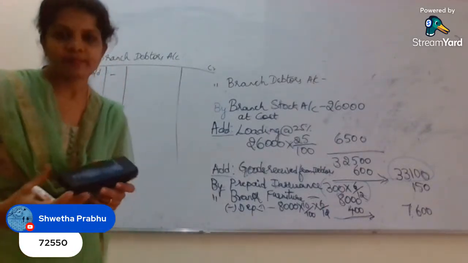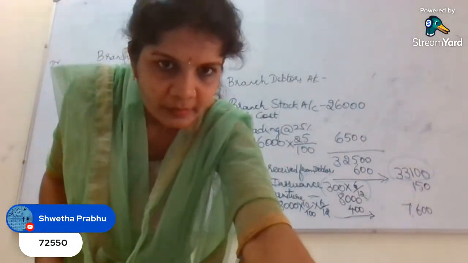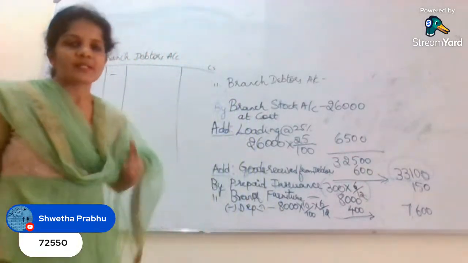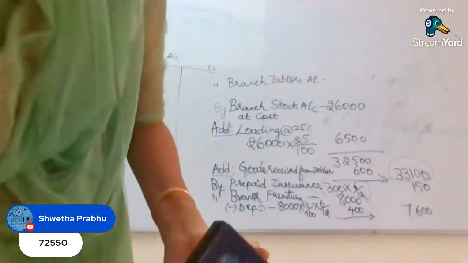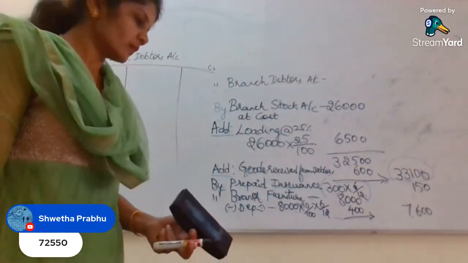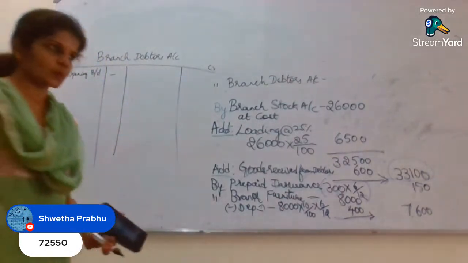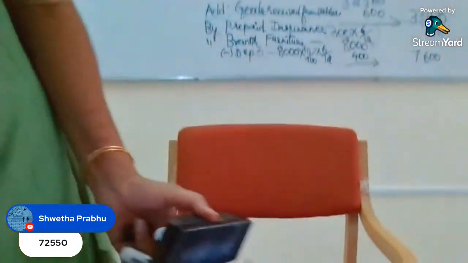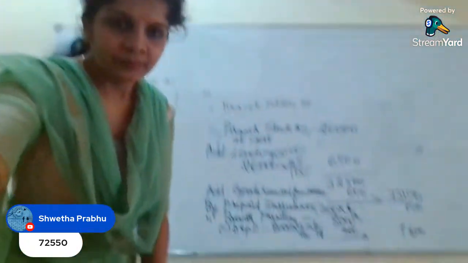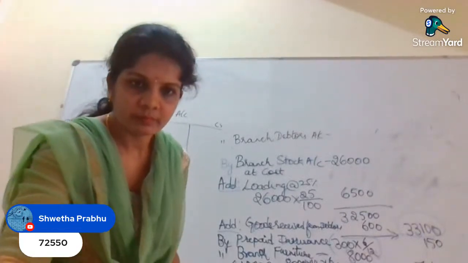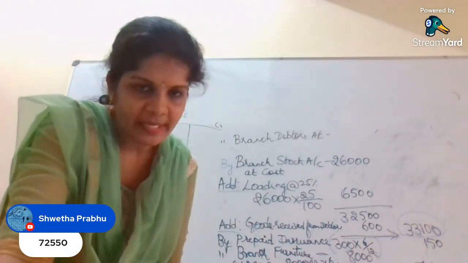Okay, there are adjustments for this. The first item is cash sent to branch for meeting petty expenses.